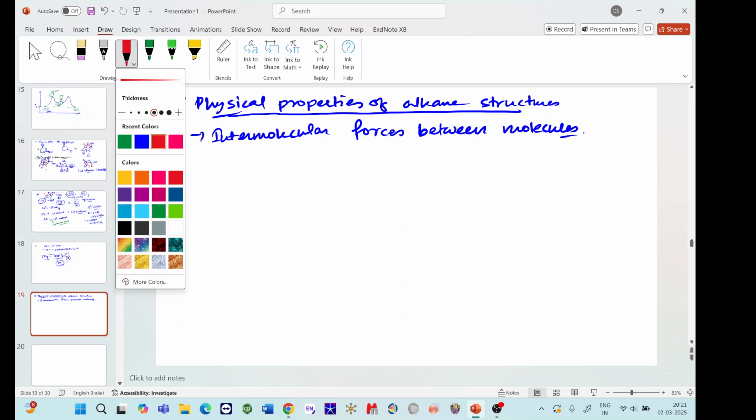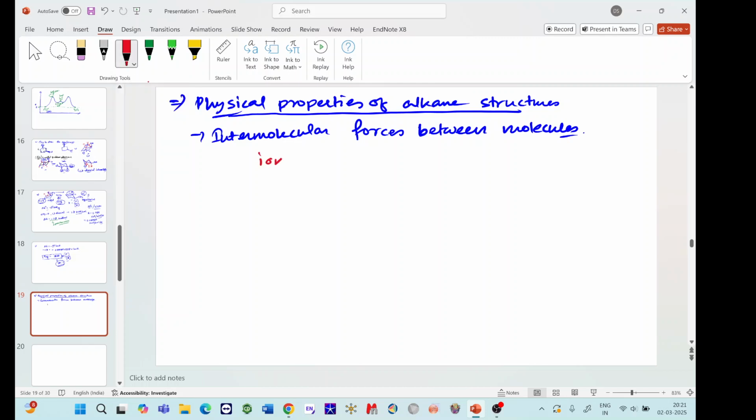Let me list them out. Ion-ion interaction: the energy value is more than 100 kilocalorie per mole. Then you have ion-dipole, which is 20 to 100 kilocalorie per mole.